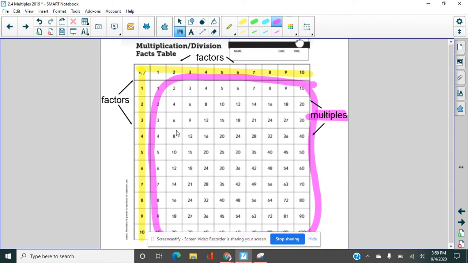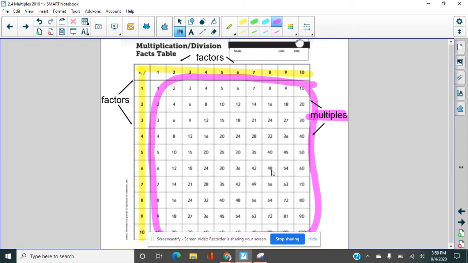So if you were going to think, what are the multiples of 4? Here's a 4, and here are the multiples: 4, 8, 12, 16, 20, 24, and so on. What are the multiples of 8? Well, the multiples of 8 are 8, 16, 24, 32, 40, 48. And if you're thinking, Mr. White, all you're doing is counting by that number, you're right.